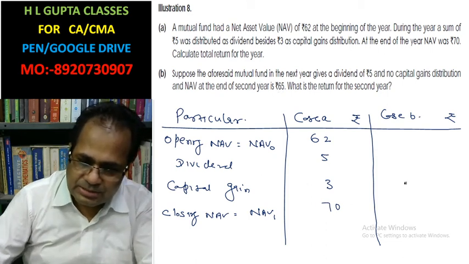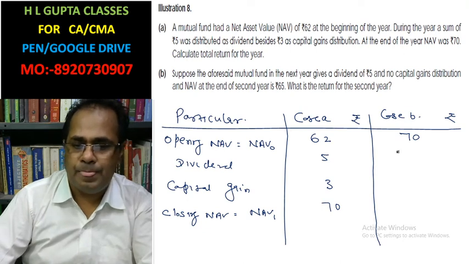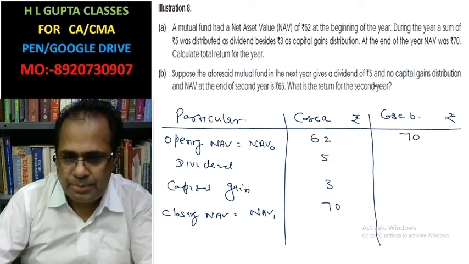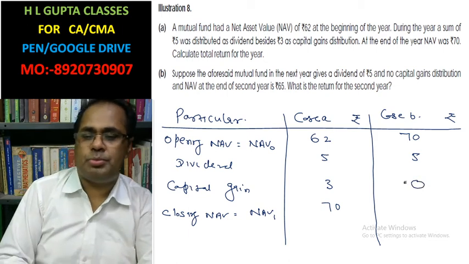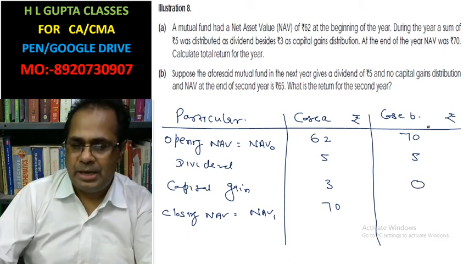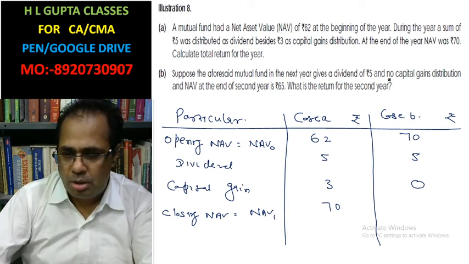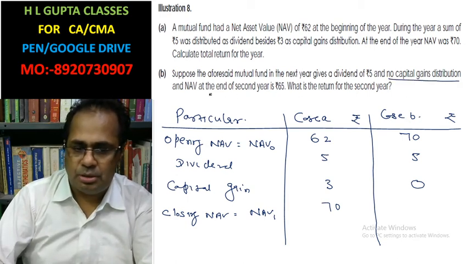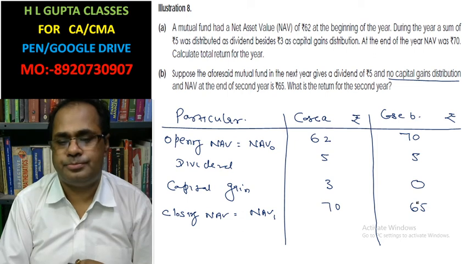In this case, the starting value will be 70. Dividend you are going to receive again is rupees 5. Capital gain distribution is assumed to be 0. And the net asset value at the end is 65. What will be the return in this case?